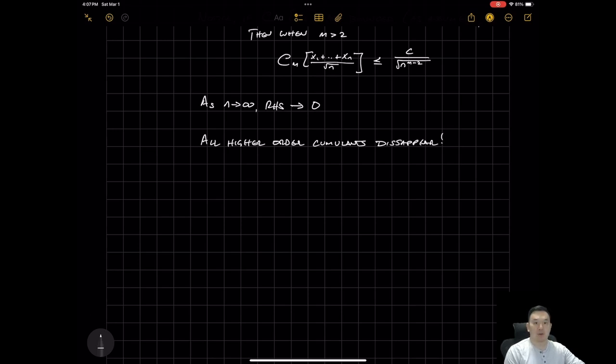By our previous formula and the independence of our random variables xi, we have that the nth order cumulant of the normalized sum is equivalent to the nth cumulant of our n random variables.